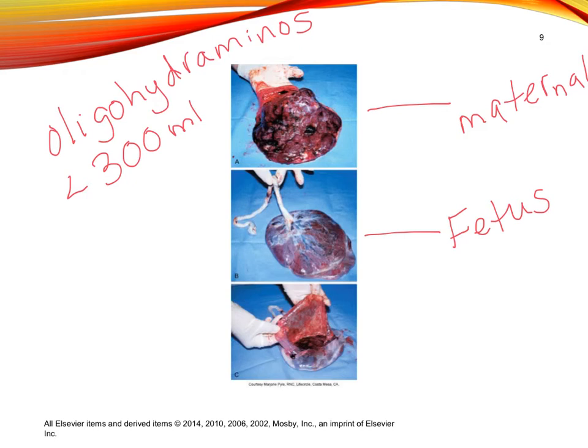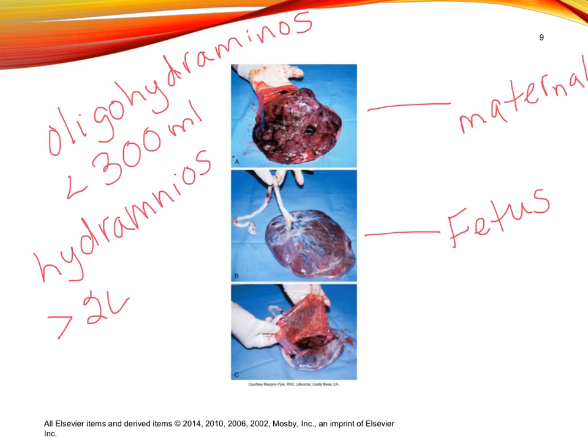Now we flip it to the other side, and we have a baby who has greater than 2 liters of fluid. Then we have hydramnios. So they have a lot of fluid, which can cause a problem too. One of the things that we would associate with hydramnios is GI malformations, or there could be some other malformations.